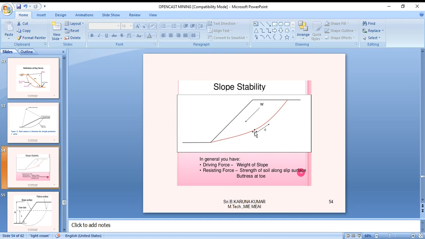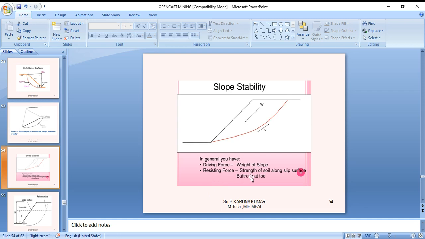The cohesion force of the material always acts against the weight falling down. Whenever cohesion force is more, stability is more. If the cohesion force is less than the weight of this material, automatically the bench will fall like this. The driving force is the weight of the slope.